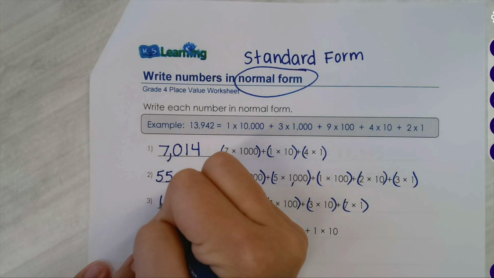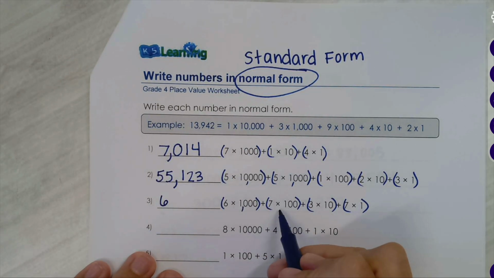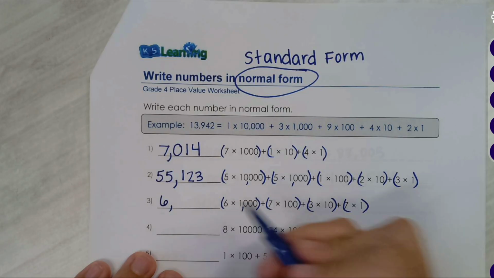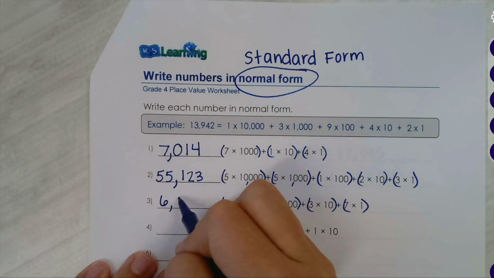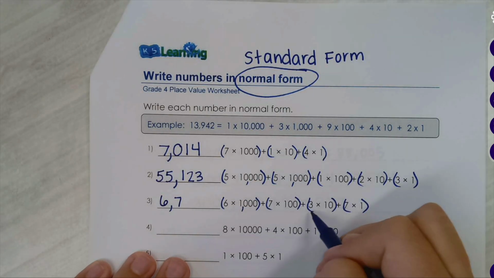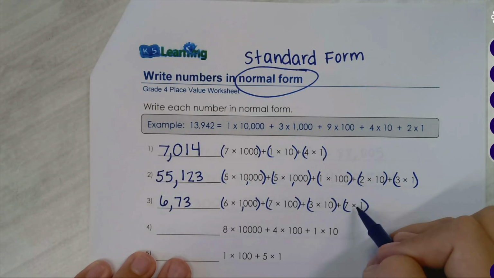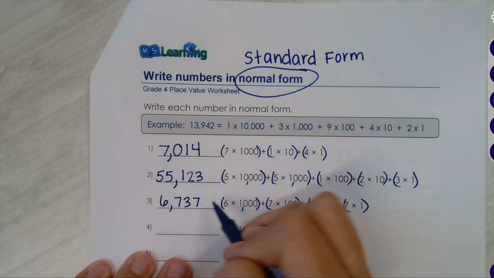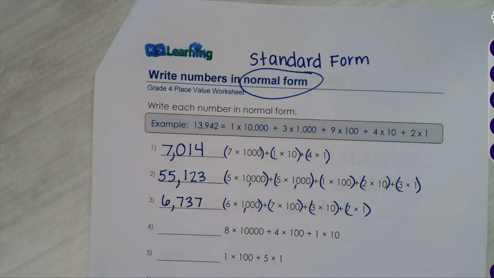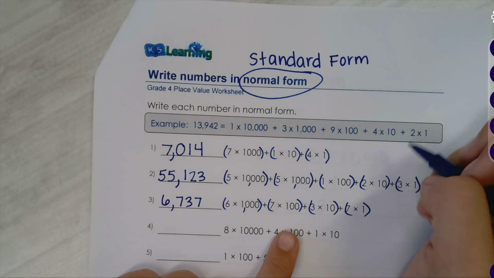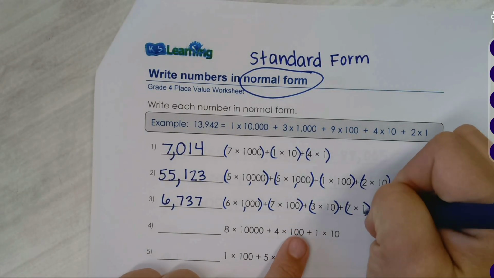There is 6 thousands plus 7 groups of 100. That's hundreds place, so 7 hundreds. 3 groups of 10, 3 tens. And 7 groups of 1, that means 7 ones. 6,737.